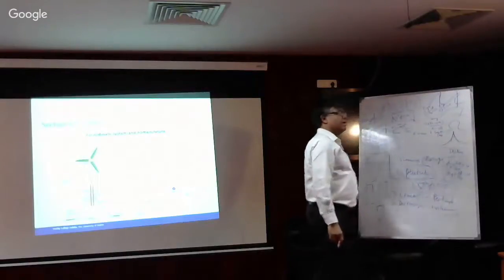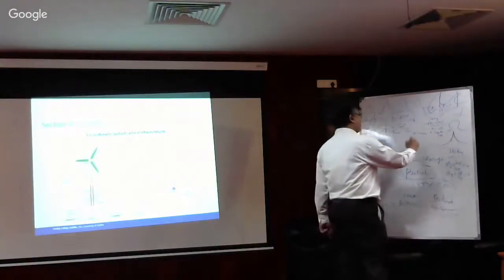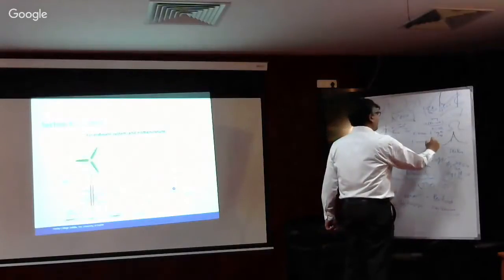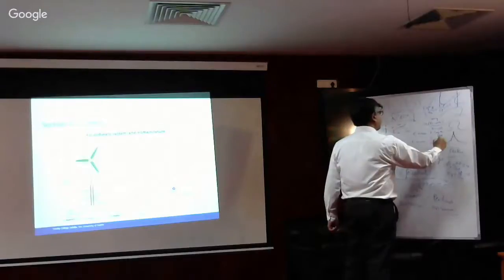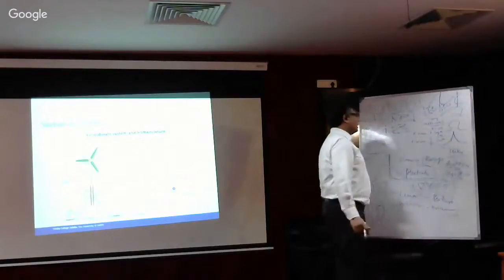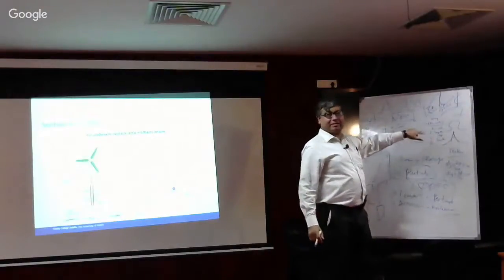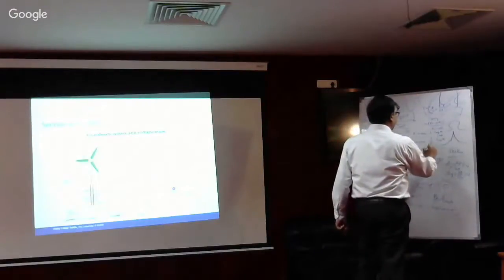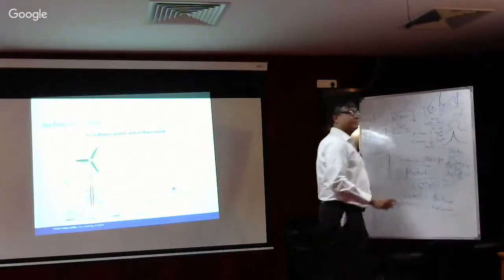So that means one wave will be 1 over k length. That means this is actually the wavelength, right? So the inverse of k is actually your wavelength, lambda.